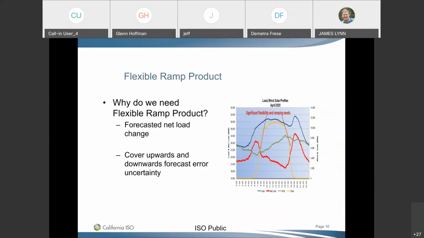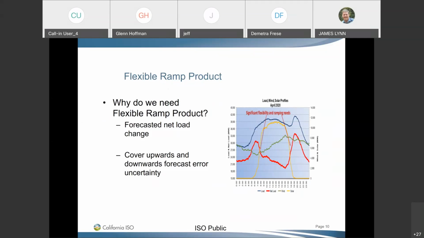Now, as our resources get more complex, because the resource mix has more solar, wind, and renewables integrated within it, we have to start managing these resources more closely to meet these flexible needs. And that's actually one of the reasons why we have the product.